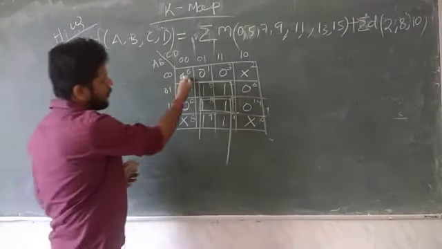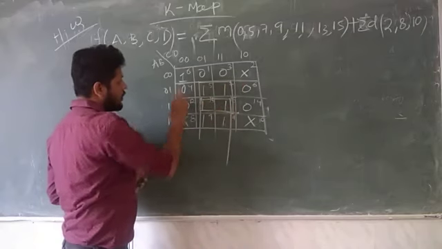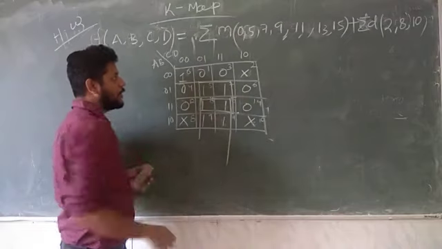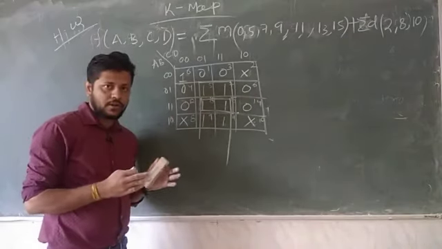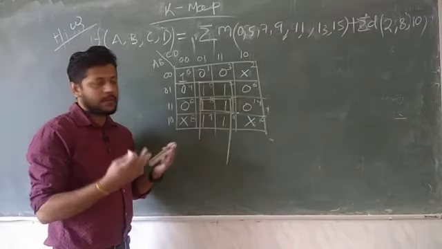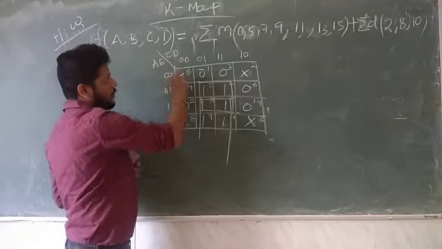Then we have left out only 1 here, but we have don't care, don't care, don't care. Always remember, these corners are also adjacent, because you can fold here. I am drawing this K map on a plane, but it is 3-dimensional.